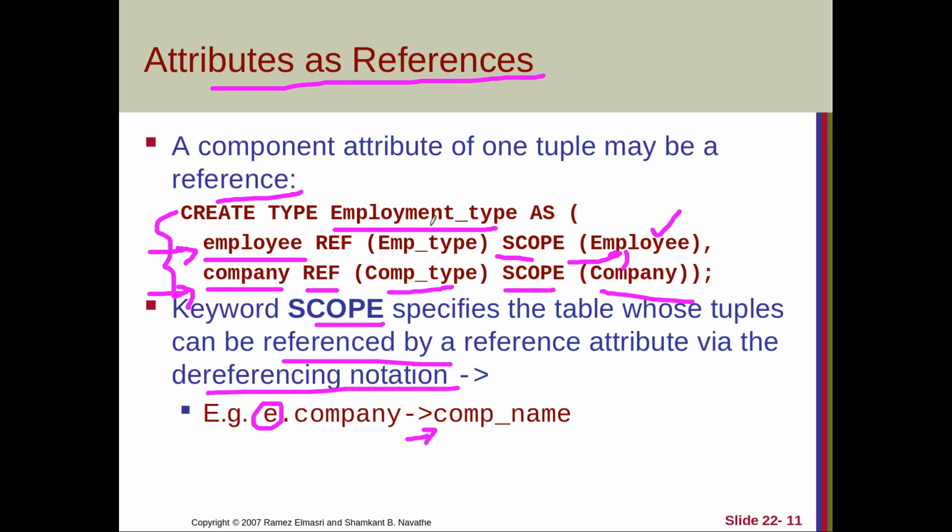So for employment we are having E as an object, E dot company name will provide it. This company name is present inside company, which is not given here, but for this company we are giving a reference to that company type. So company type of company consists of this company name. So automatically this employment type can refer to the company name of company, which is another relation.